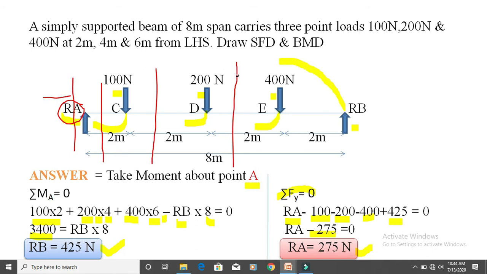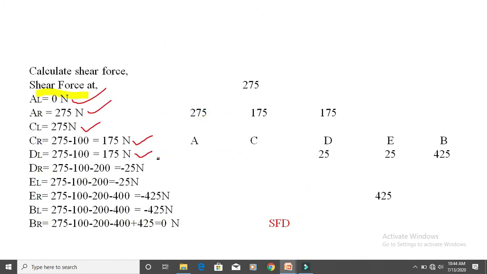While watching the left of that line, there are three forces, RA, C and D. The RA is going in an upward direction, so consider plus RA. C is going in a downward direction, so consider minus 100. D is going in a downward direction, so minus 200. So after calculation we got an answer of minus 25 Newton.